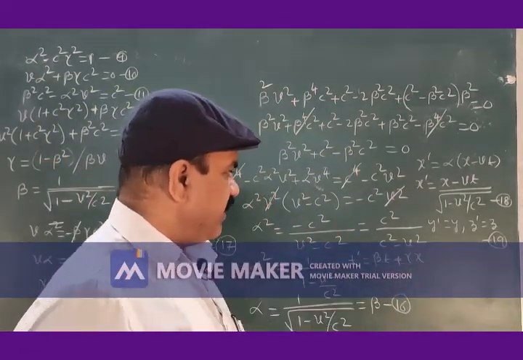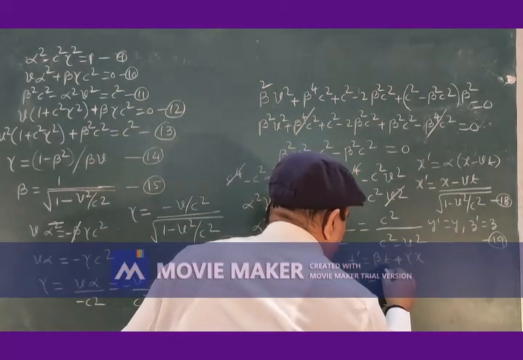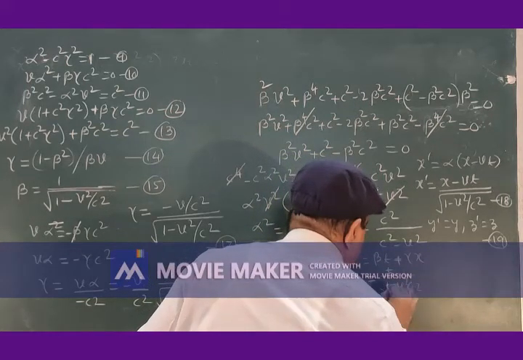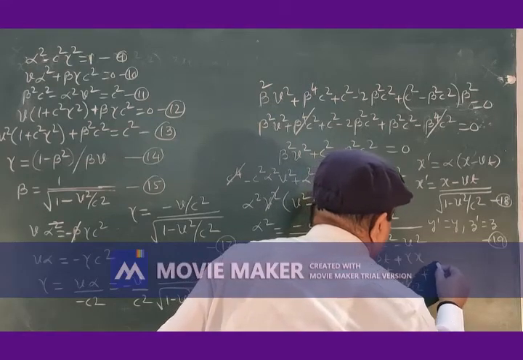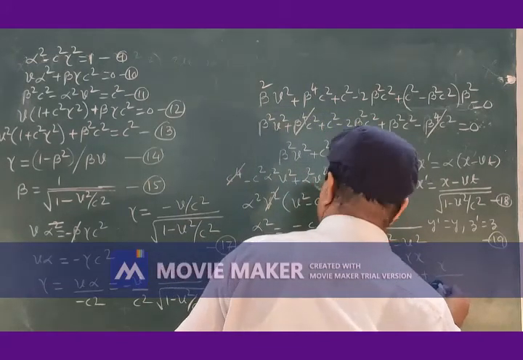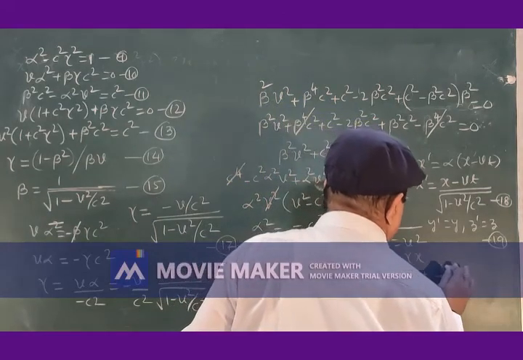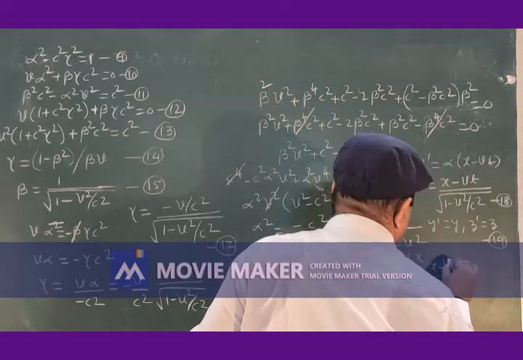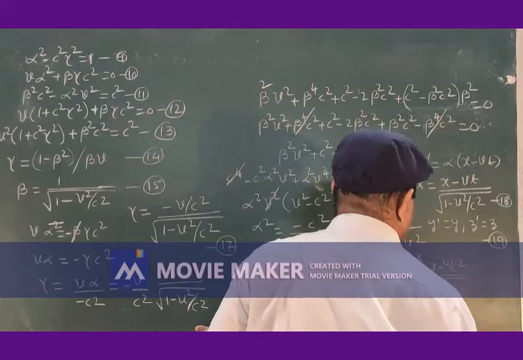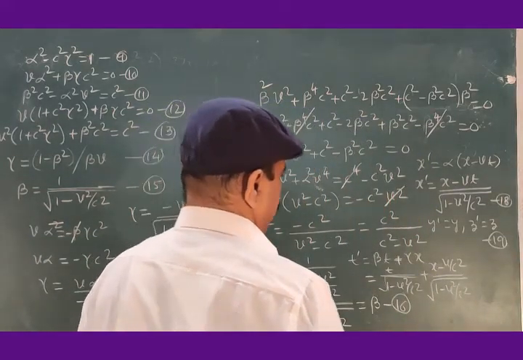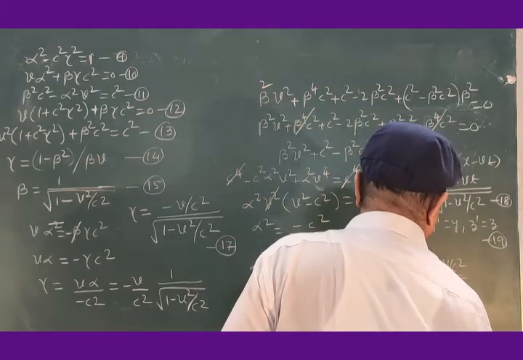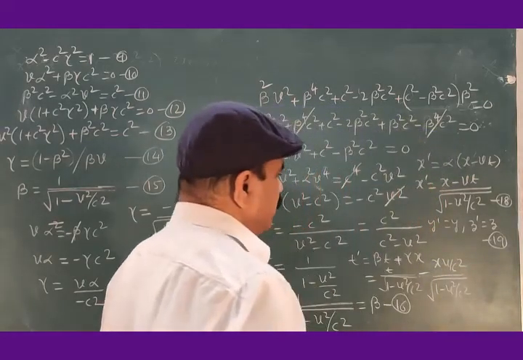Put the value of beta here and gamma here to give t dash is equal to t divided by beta, this, plus x divided by gamma, which is minus v by c square, or let me put here x minus v by c square into the square root of 1 minus v square by c square.